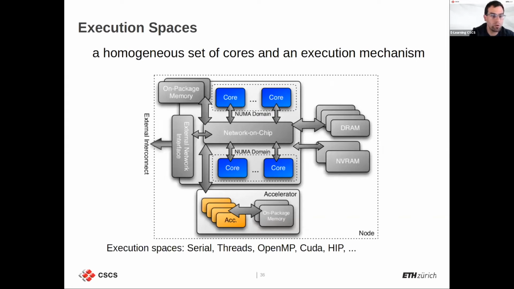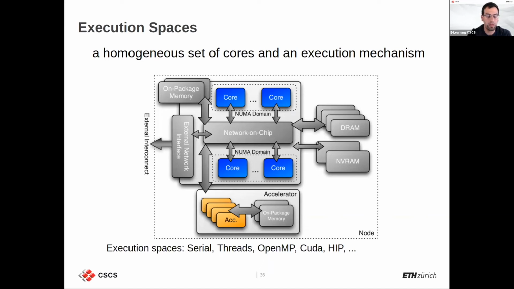An execution space is a homogeneous set of cores and an execution mechanism. Basically, through execution spaces you access, for example on CPUs, the cores of your CPU, or on a GPU, your accelerator.